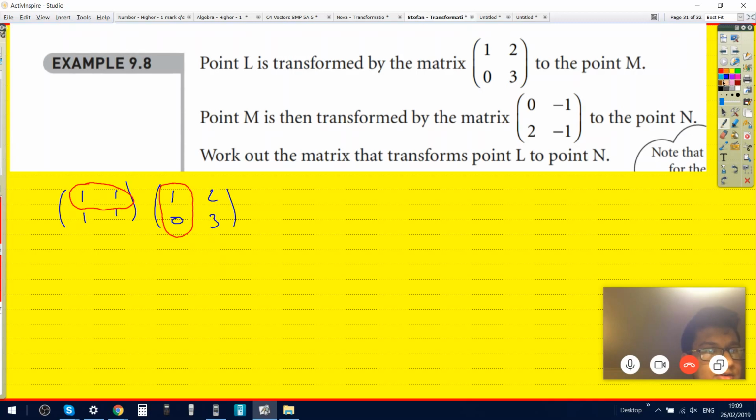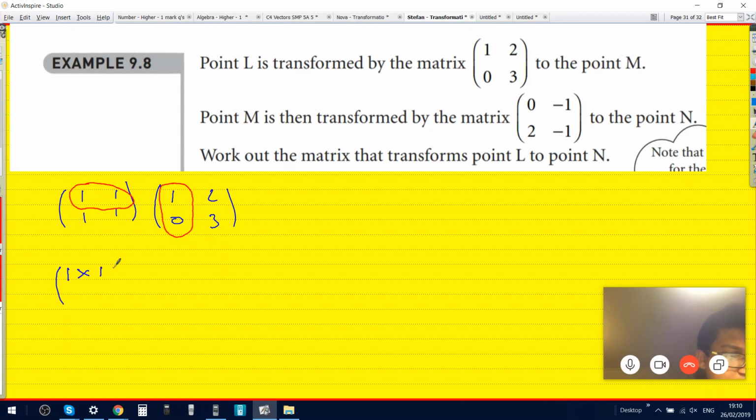1, 0, 2, 3. And then the first two. So we have 1 times 1 plus 1 times 0. And then we have 1 times 1, 1 times 2 plus 1 times 3.